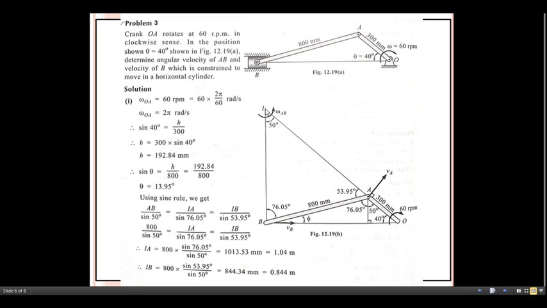So here we have considered the IA distance. In the previous case, the rotational motion is possessed by this link, so that's why we considered the distance of that particular link. If you look here, the A point is common between the AB link and the OA link.